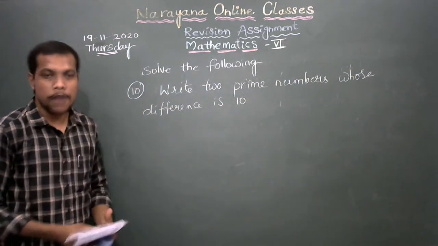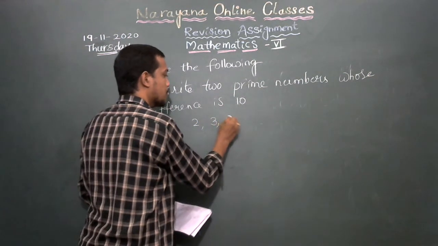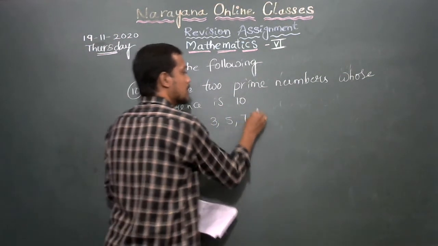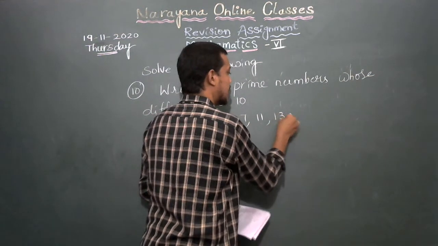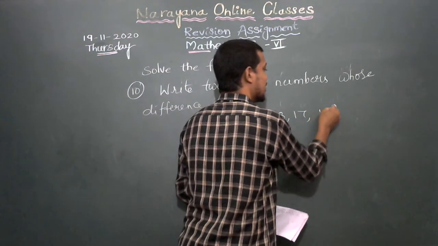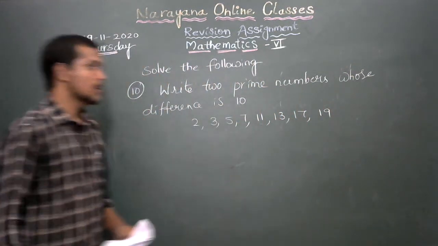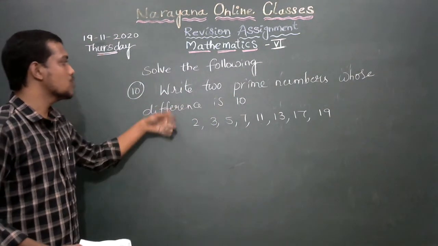So now I am taking prime numbers: 2, 3, 5, 7, 11, 13, 17, 19. Okay, so write 2 prime numbers whose difference is 10.